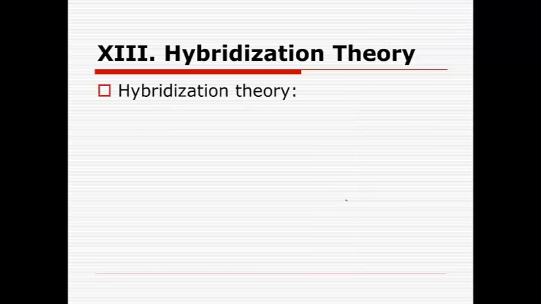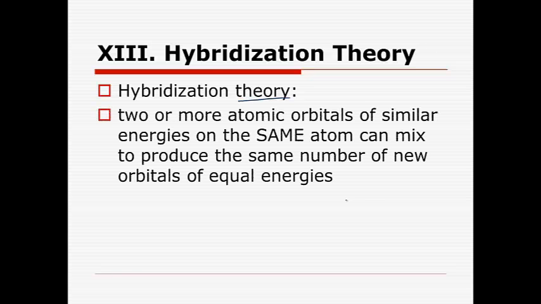So hybridization theory came along. How does it actually turn into a tetrahedral shape? Well, what happens is two or more of the atomic orbitals of similar energies on the same atom, so the orbitals on the carbon, can mix and produce the same number of new orbitals of equal energies.